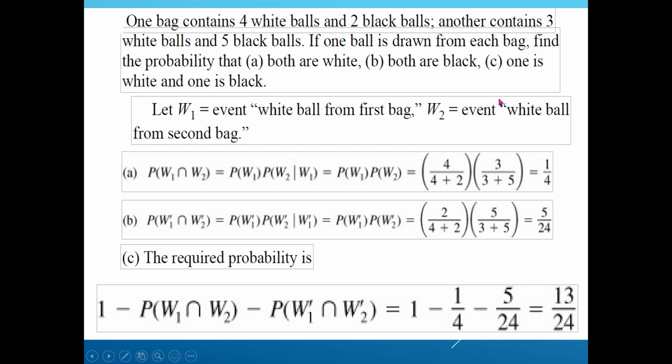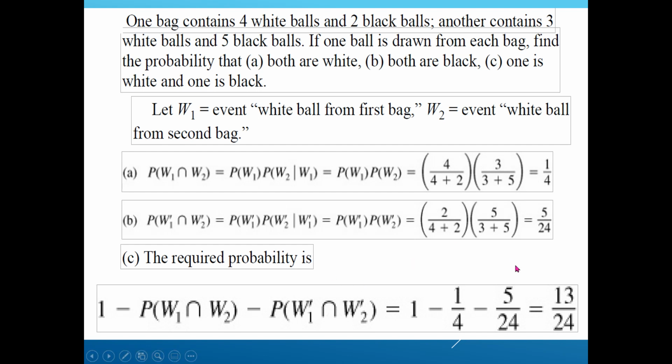Instead of solving all those possibilities, how about I subtract the probability of both whites from 1? Because 1 minus both whites means the opposite of both white, that is, one is white and one is black.